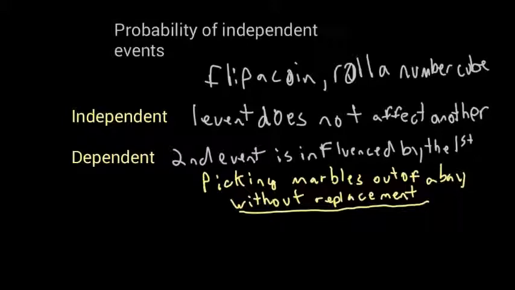So anytime you don't replace something, it's a dependent event. Meaning if I have 10 marbles in the bag, I take one out, and then I take a second one out. Well, I don't have 10 marbles in the bag anymore because I took one out. So that changes my probability because I started with 10 in the bag, I took one out, now I only have 9 to choose from. So that's going to change your probabilities.